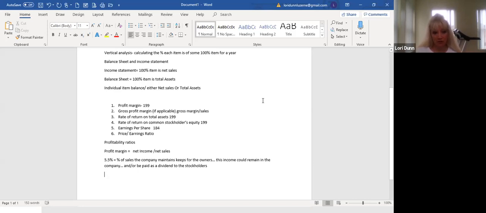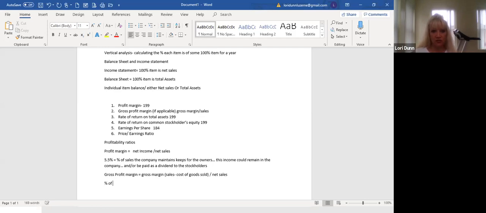The gross profit margin, you're only going to have this if your company sells inventory. If it's a service company, you're not going to have it, of course. But that is your gross margin, remember, which is sales minus cost of goods sold, divided by your net sales. Where profit margin looks at all of income, gross profit margin looks at your income from just selling your product.